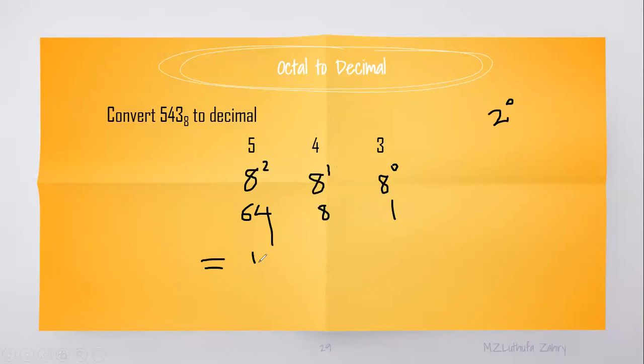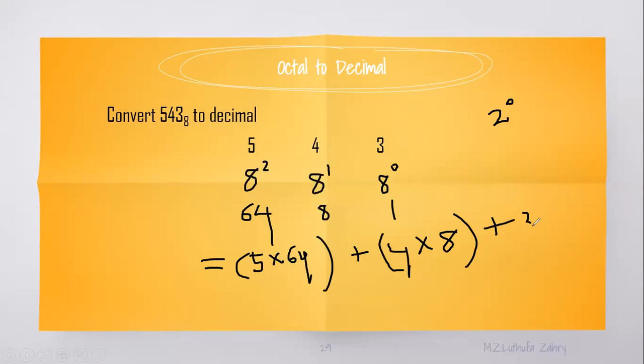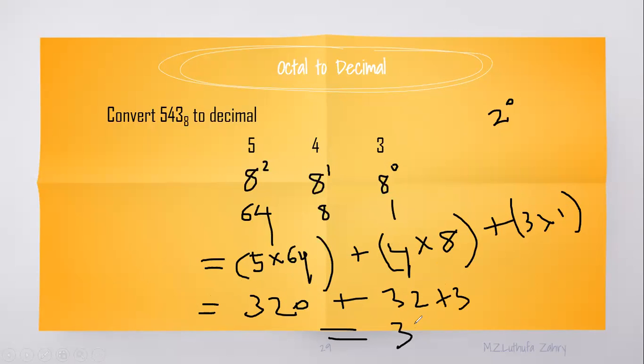Same method: 5 64s are there, 5 into 64, plus 4 8s are there, and 3 1s are there. So 5 into 64 gives 320, and 4 into 8 is 32, plus 3. Then your answer is going to be 355 to the base 10.